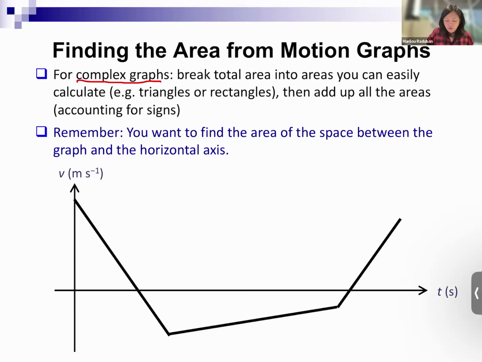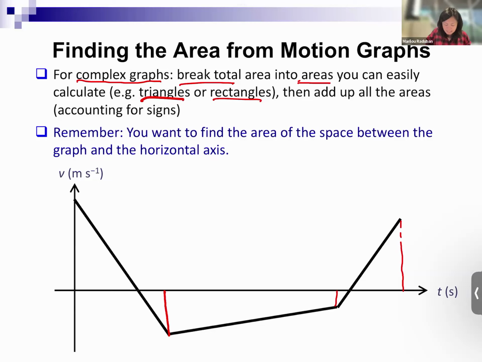But remember that any area can be broken down into triangles and rectangles. And by breaking down a polygon shape into triangles and rectangles, you can calculate the area more simply.